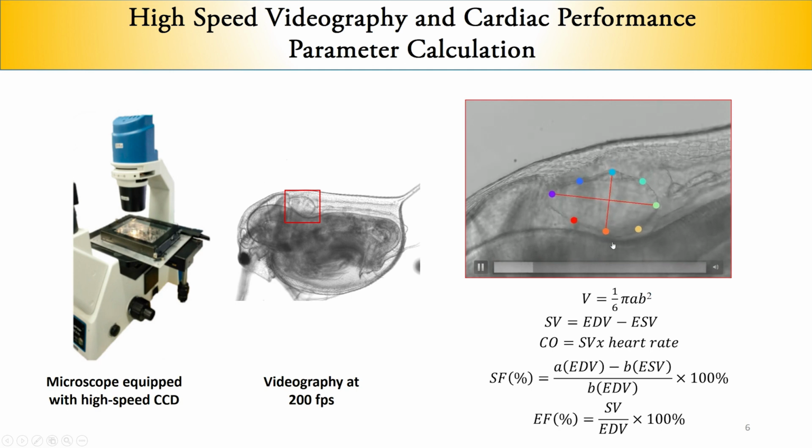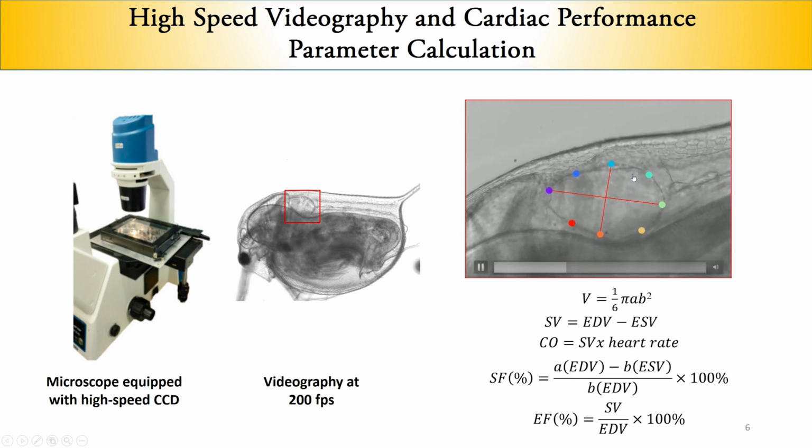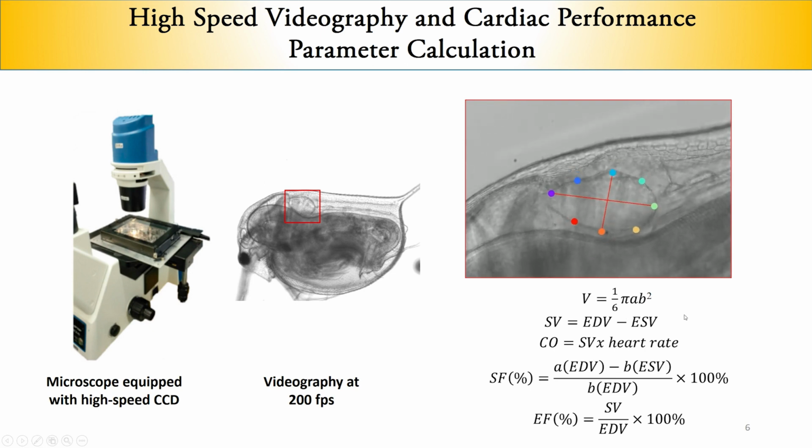From this, we can calculate the volume of the Daphnia heart, assuming that the Daphnia heart has a spheroid shape. So we just need the position of the long axis here and the short axis, and we can apply the formula for a spheroid, which is 1/6 times pi times long axis times short axis to the power of 2.